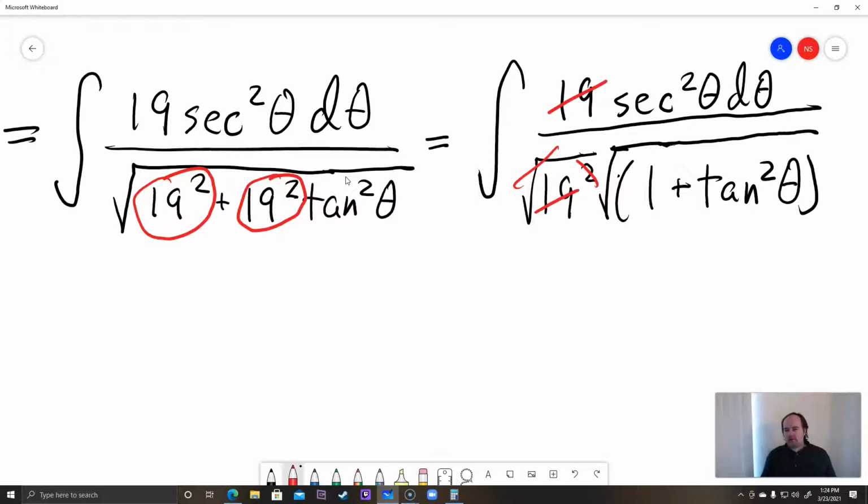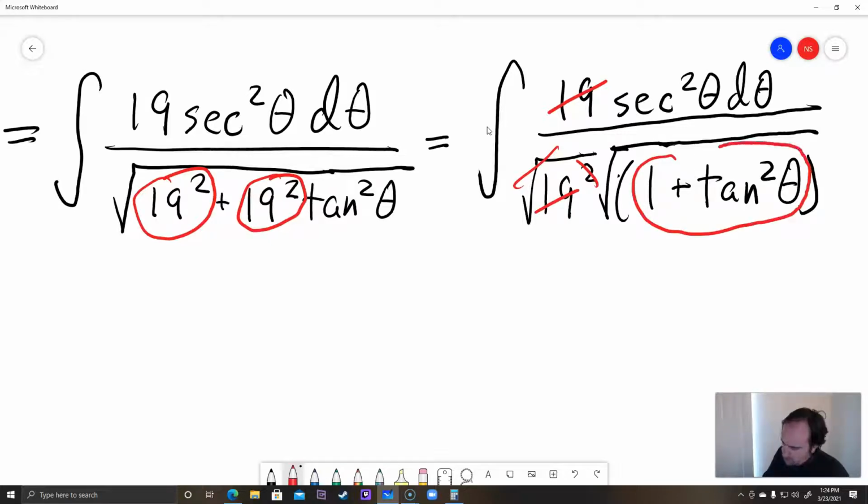Okay, so what we have here is actually the integral of secant squared of theta d theta all over the square root of 1 plus tangent squared of theta. But remember that 1 plus tangent squared of theta can be replaced with something else using a trigonometric identity.